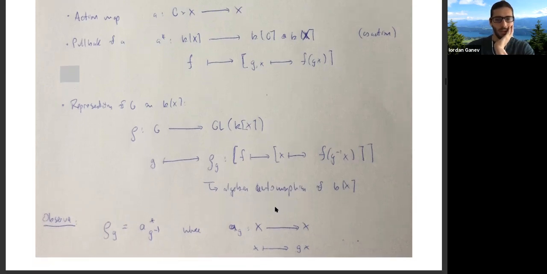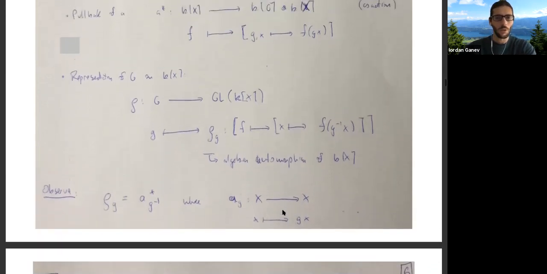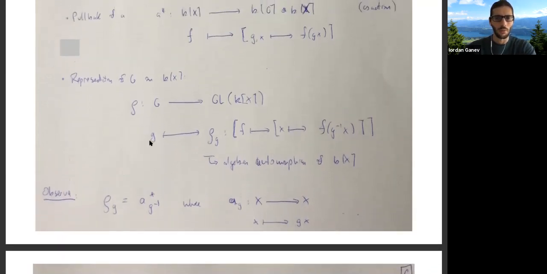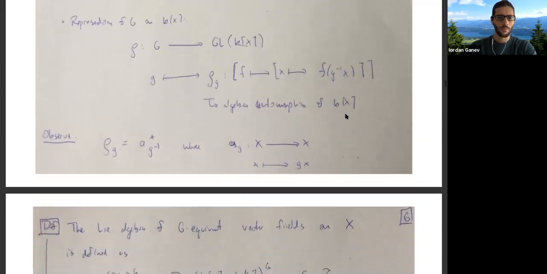Okay, so this is pretty clear, I think, from the formulas. We also had lambda, which acts by the same formula, except instead of G inverse X, we have XG. So this is just reviewing some notation.